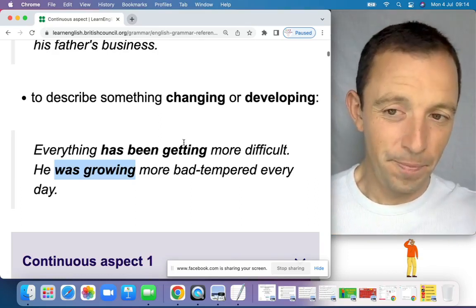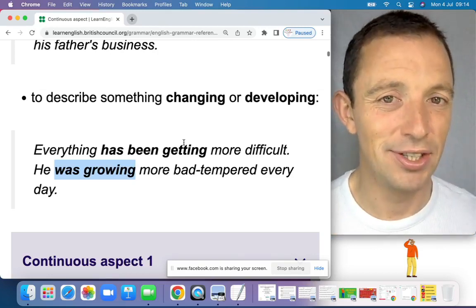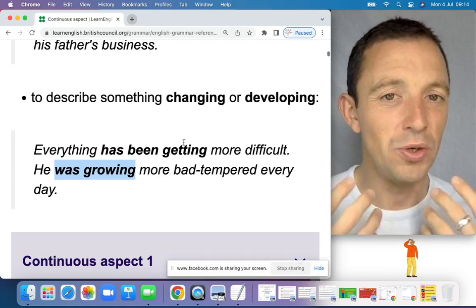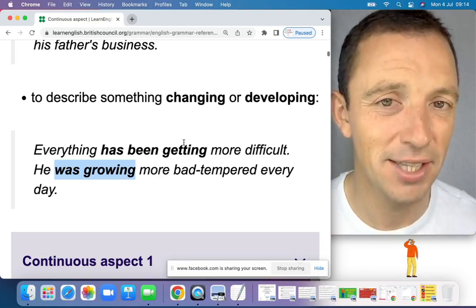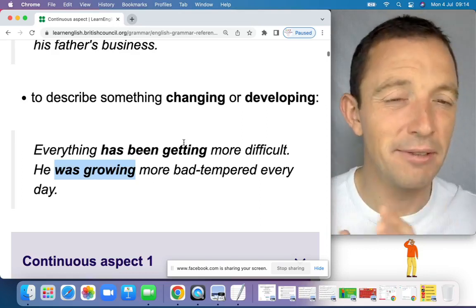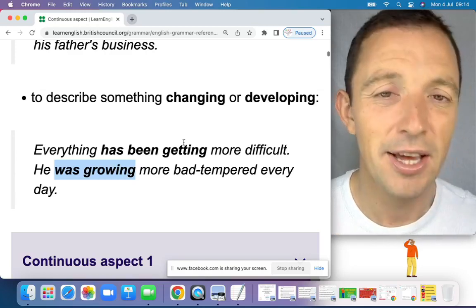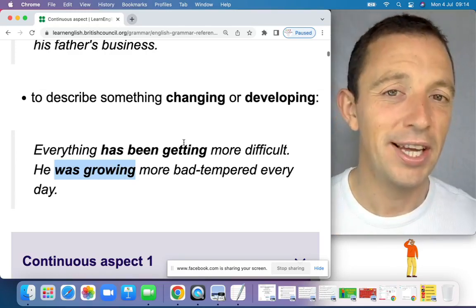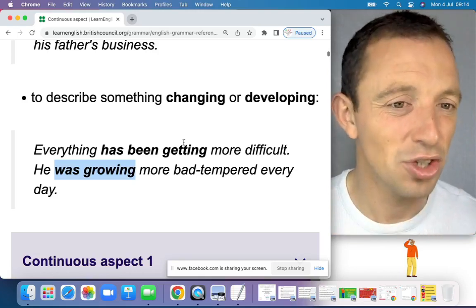Okay, so 7 different explanations of when we use the continuous. 7 different perspectives, grammatically. Very heavy, always very difficult to read grammar, because you need to know if it's very important, if it's very strict, or if it's not so strict.